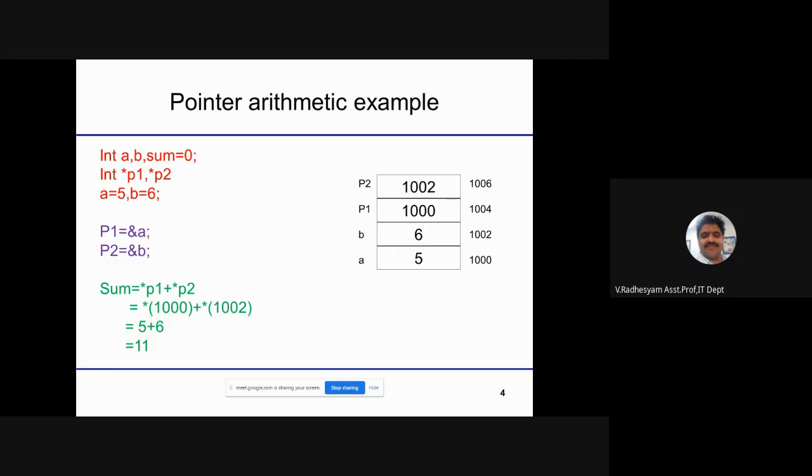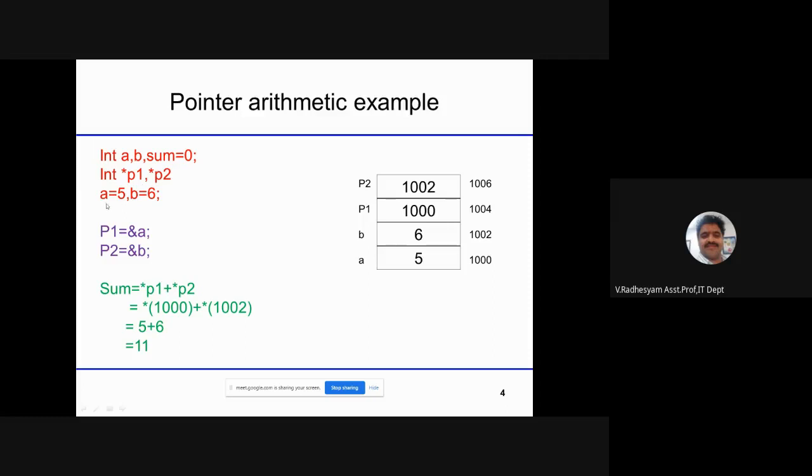Okay. Now consider this example. I am taking two variables A and B, both integer variables. And I am considering one more variable called sum, which is initialized to 0, and two more variables, P1 and P2.